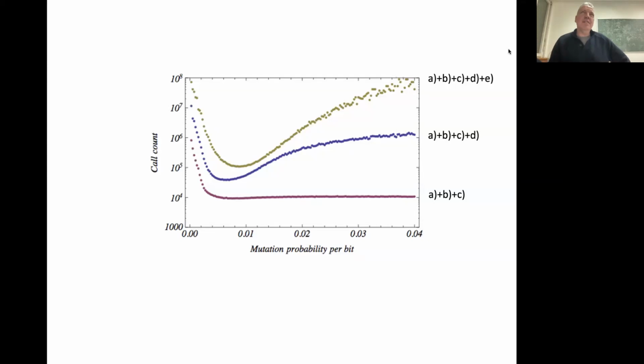If I'm just doing a random search, it would be 10 to the 10 models I have to make to find 1 successful one. But if the mutation rate is optimized, I have to do far fewer. I only have to do 10 to the 5 in order to find a model that satisfies all the criteria, whereas a flat scan would be 10 to the 10.